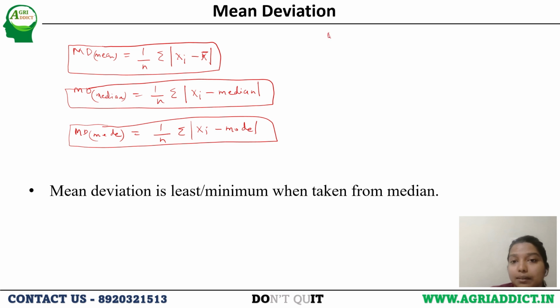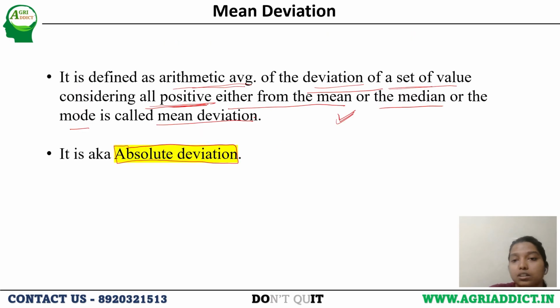We studied the arithmetic mean. In the arithmetic mean, we take the sum of all observations and then divide it by the number of observations. Here we are dividing by the number of observations, and we are taking all positive values from either the mean, median, or mode. That's what the definition says.